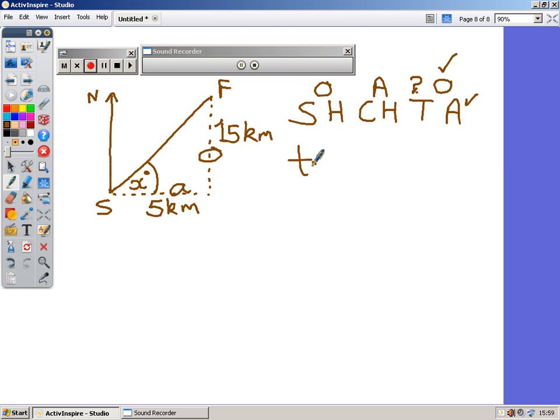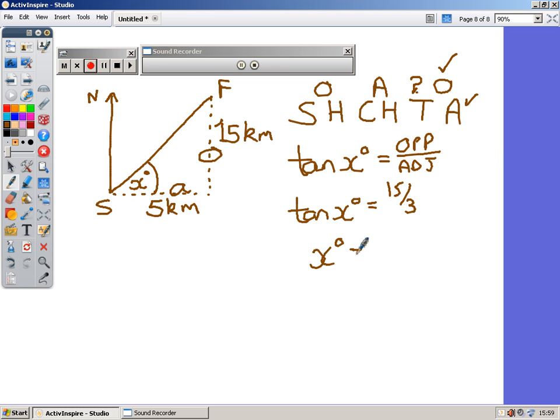So tan x degrees is equal to opposite divided by adjacent. Tan x degrees is equal to 15 divided by 5.